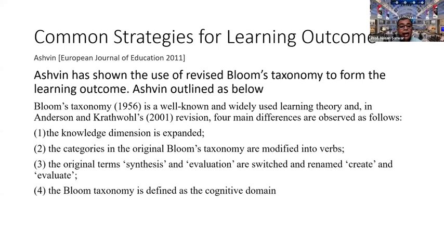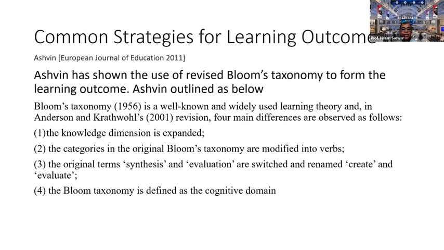So Ashwin has shown the use of revised Bloom's taxonomy to form the learning outcome. Ashwin has outlined it as below, that Bloom's taxonomy is well known, we know that, and it is a widely used learning theory. In Anderson and Krathwohl's revision, 4 main differences are observed as follows.